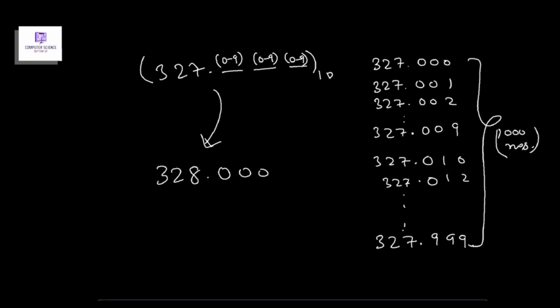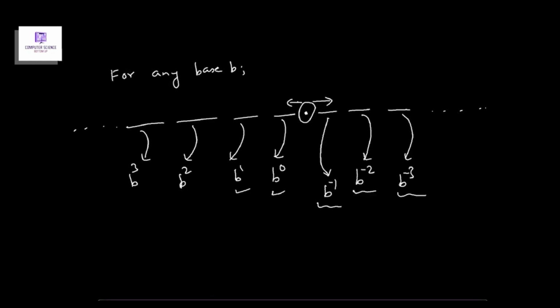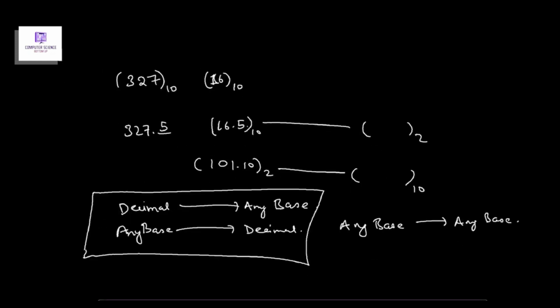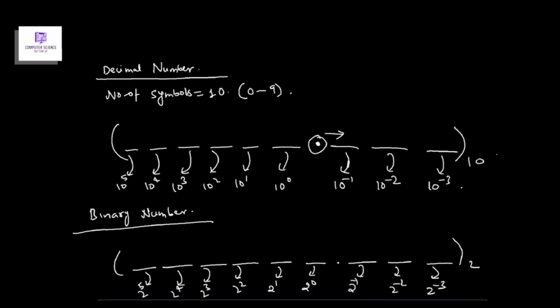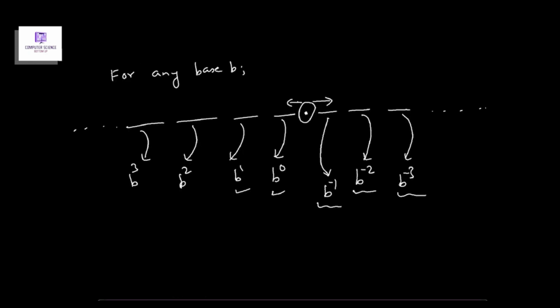That is why, if you see the weight in the case of any arbitrary base b, it is given as b to the power minus 3. So if it is decimal and there are 3 digits in the fractional portion, what will b to the power minus 3 be?